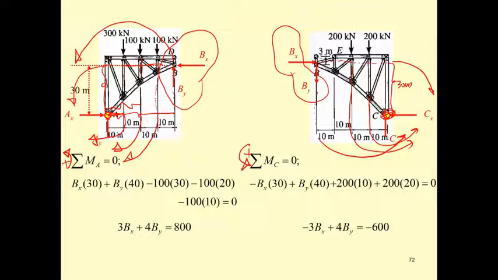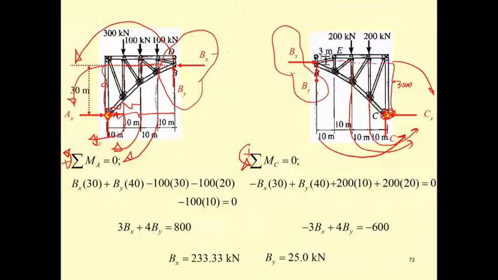What do you get for B sub x and B sub y? Solving the simultaneous equations, you get B sub x of 233 and B sub y of 25.